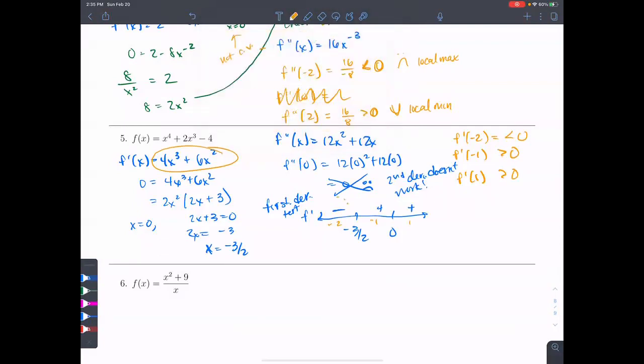So decreasing in, increasing out, and then still increasing. So you have a local min at -3/2, whatever f of -3/2 is, which I have is 5.6875.